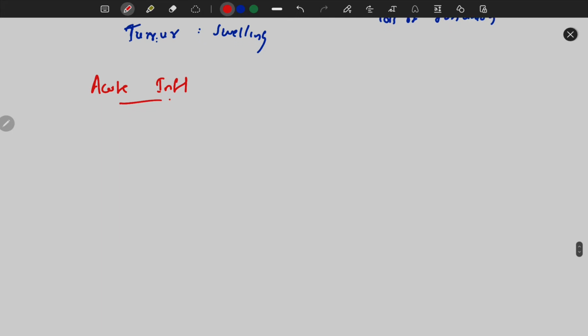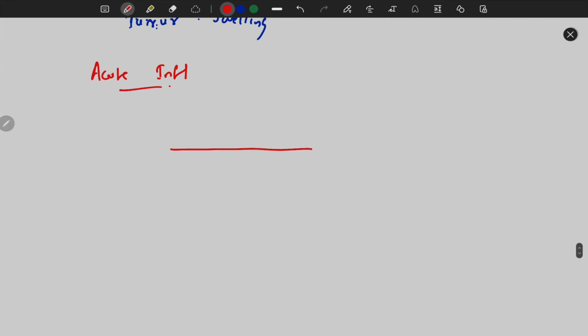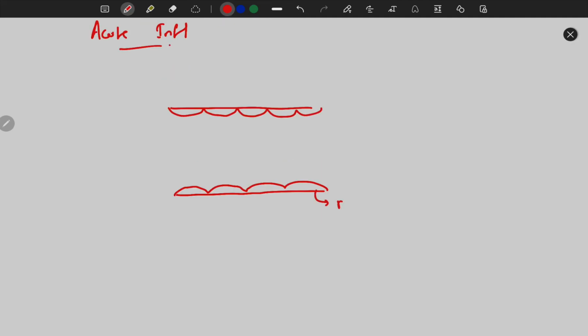So this is actually a blood vessel, and here we have the endothelium. This is the basement membrane, and here we have the endothelial cells, and this is a blood vessel. So during normal blood flow, these are the leukocytes.